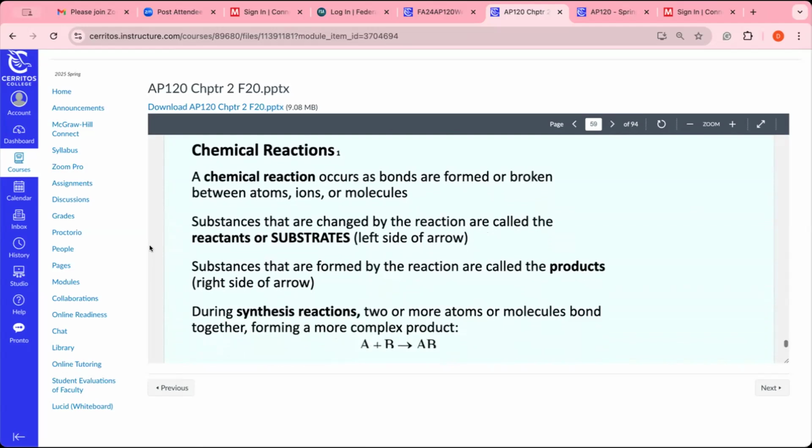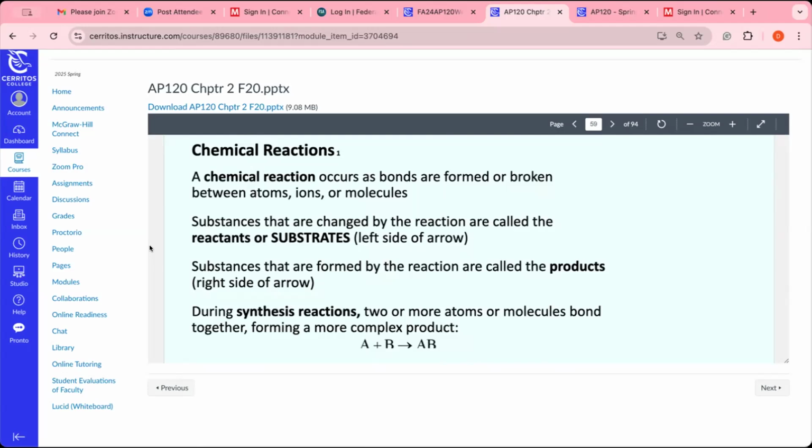A chemical reaction occurs as bonds are formed or broken between atoms or ions or molecules. Okay. Substances that are changed by the reaction are called the reactants or the substrates, the left side of the arrow.